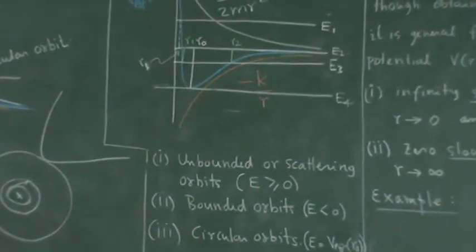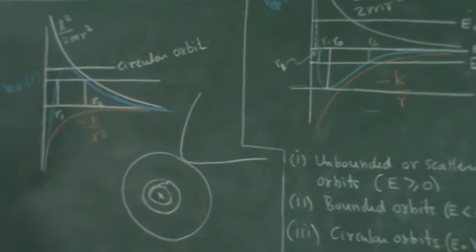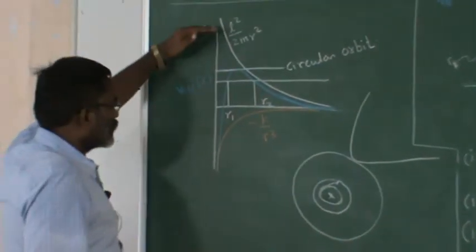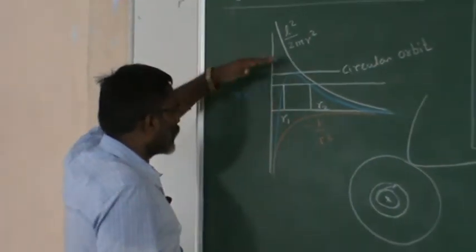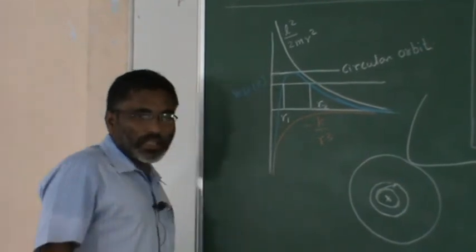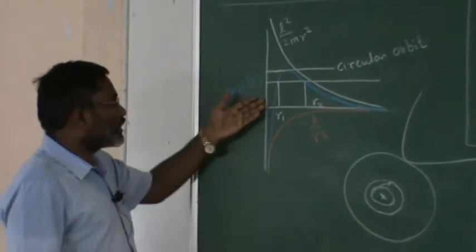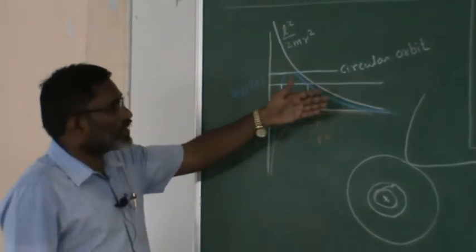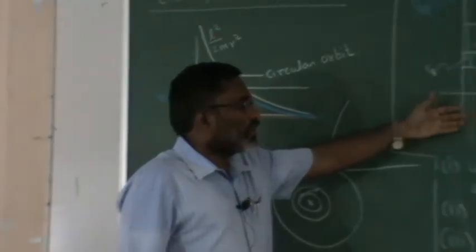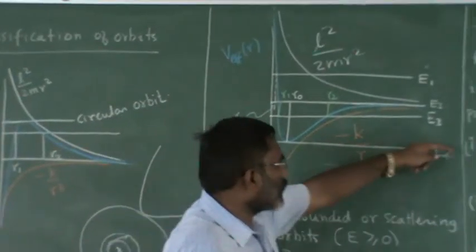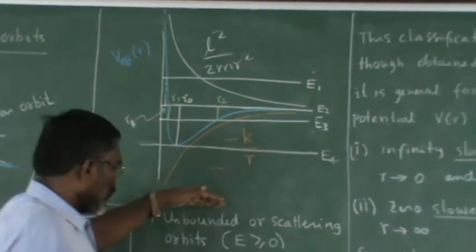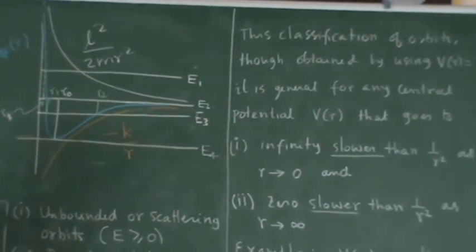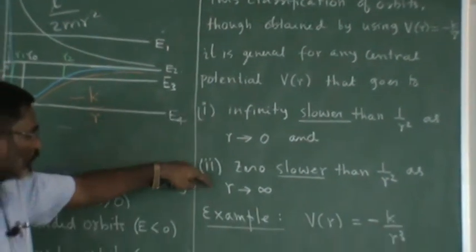Okay. As I said, this method of classification is quite general. We can use it even for this kind of potential, which is not the same as this. If you have a potential which satisfies these two conditions, this classification is valid. But this one does not satisfy these two conditions.